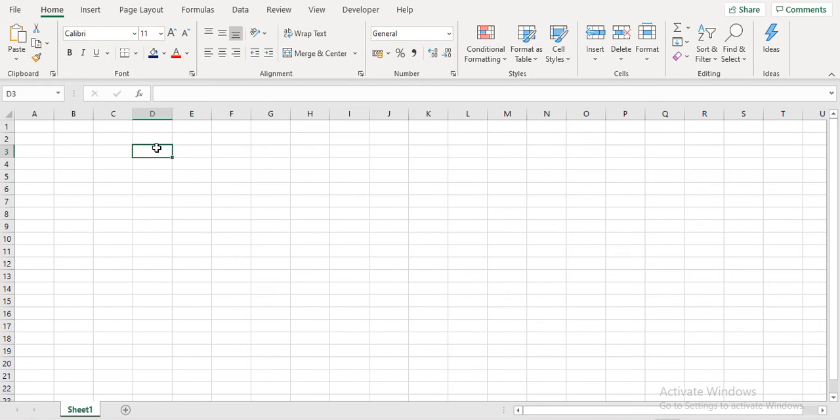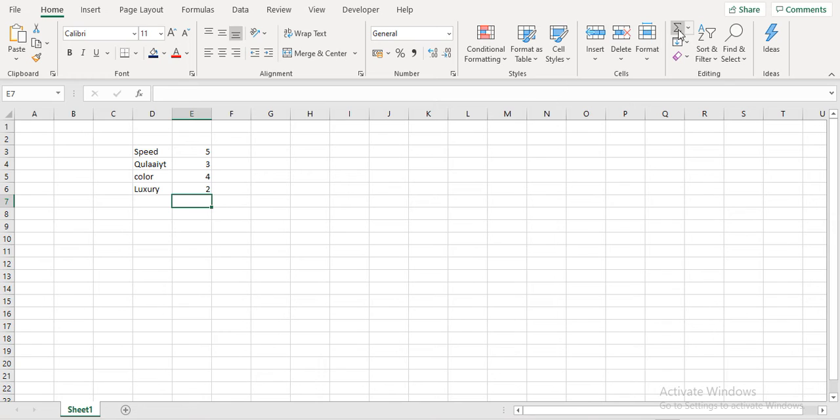For example, speed, quality, color, and luxury. These are the values I have, and I'm giving values out of 5: 5, 4, 4, 2. These may be the priority values that we will be analyzing.